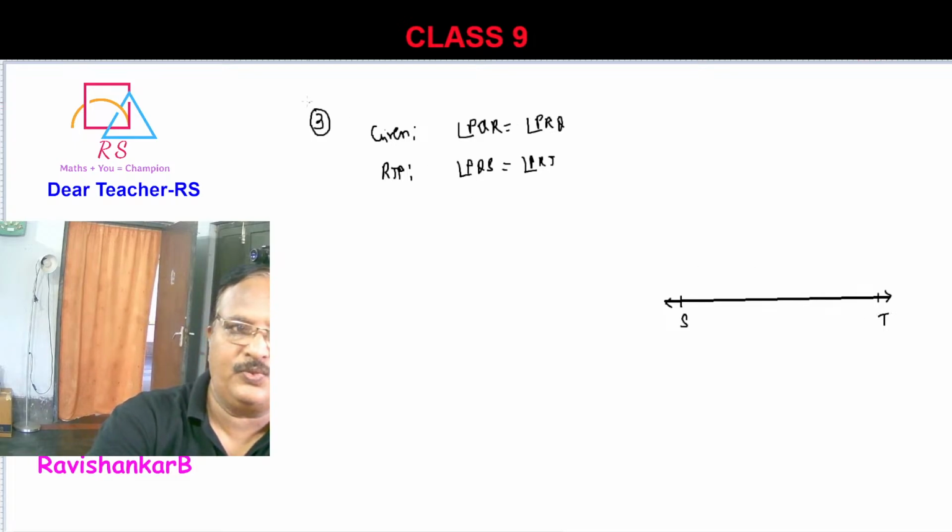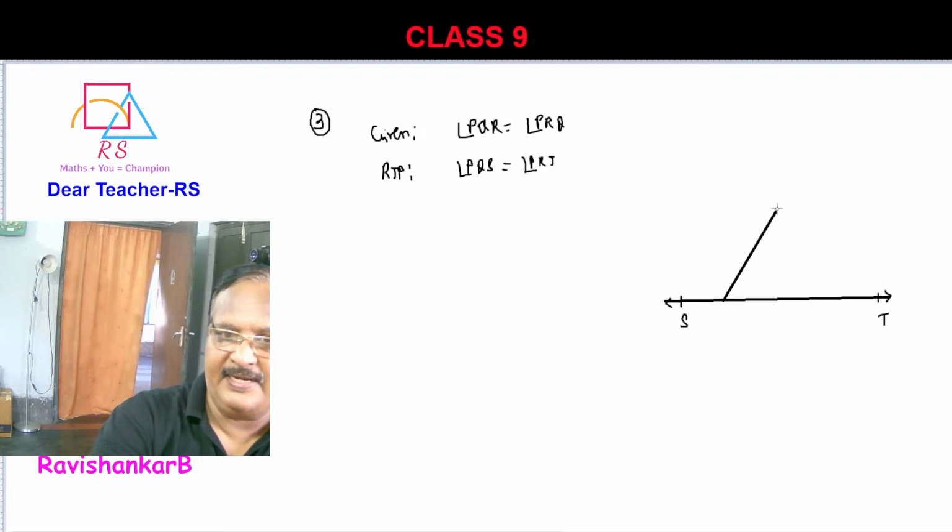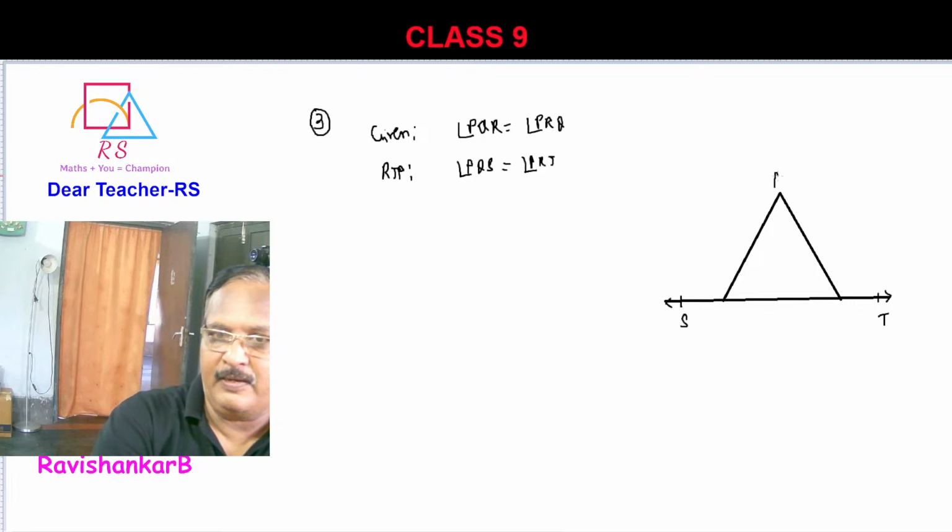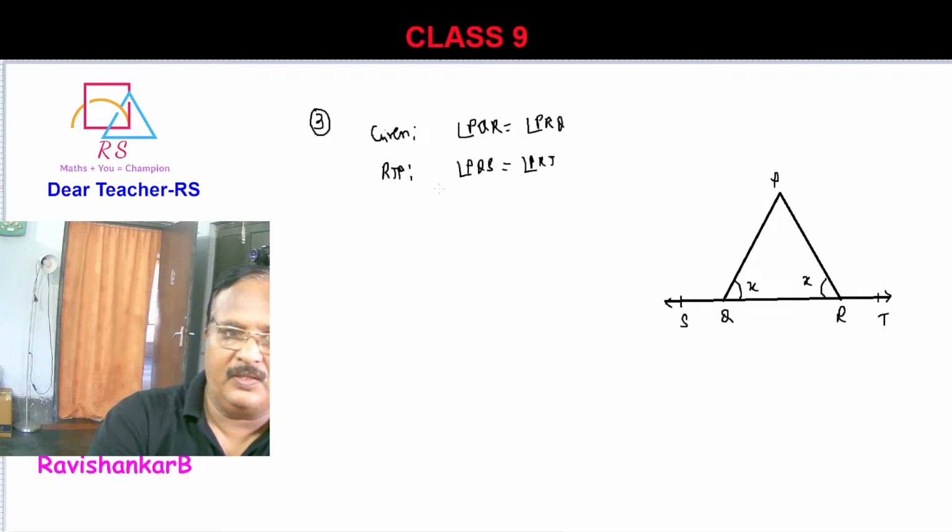And then there are two sides on this. Here one side is there, and here one more side is there. Both are meeting at P, and this is Q. A triangle is formed here. So he has given these two angles are equal. Okay, let us start to prove.